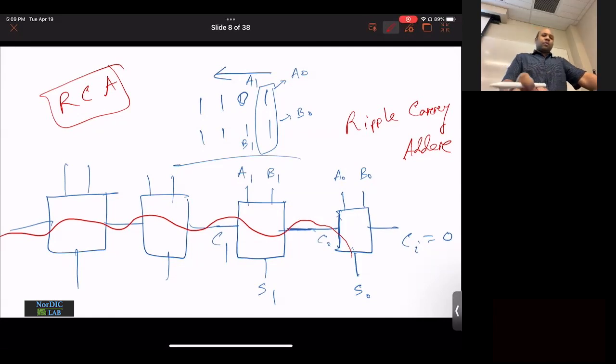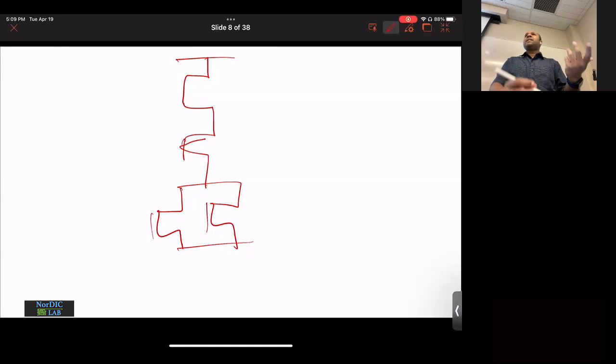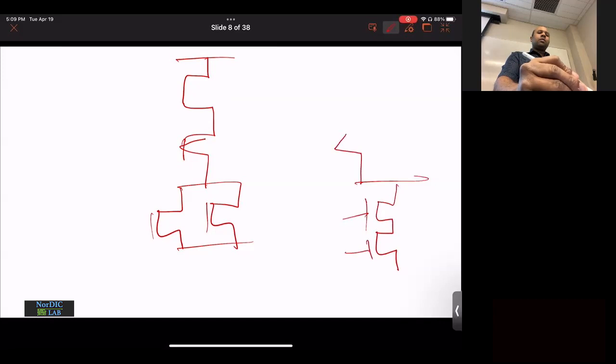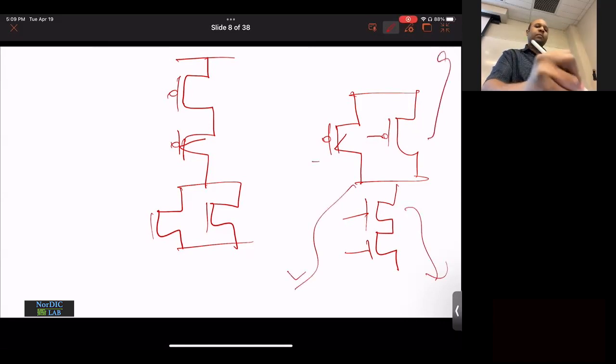By the way, you guys have been working on NOR gate design. 2 NMOSes, 2 PMOSes. Lab 5 will have you work on NAND gate design. So 2 NMOSes in series, 2 PMOSes in parallel. I know I'm drawing it really roughly, but the point is, you have been dealing with this type of circuits. The only thing that you are now gonna do is add a bunch of NMOSes, a bunch of other PMOSes, done.